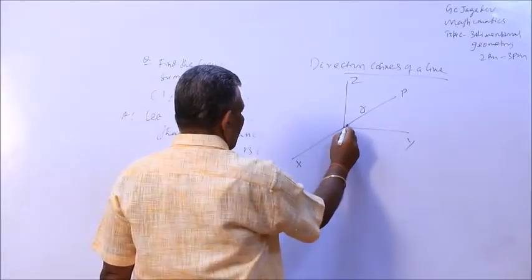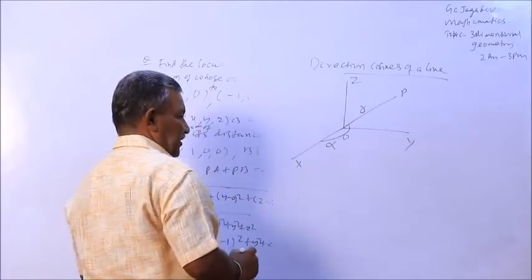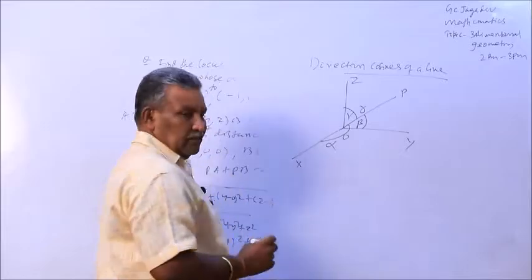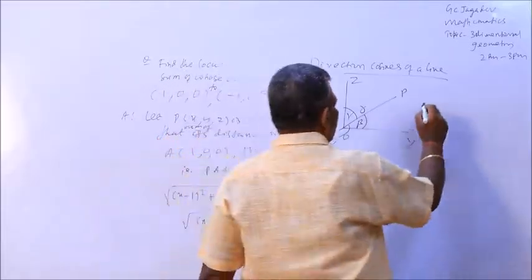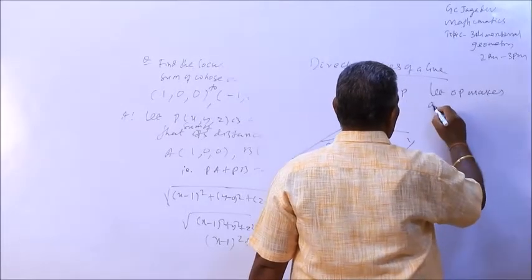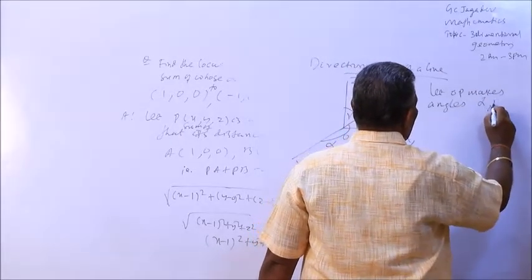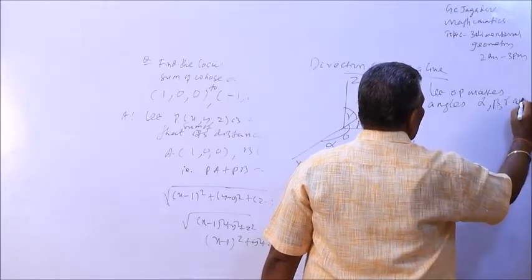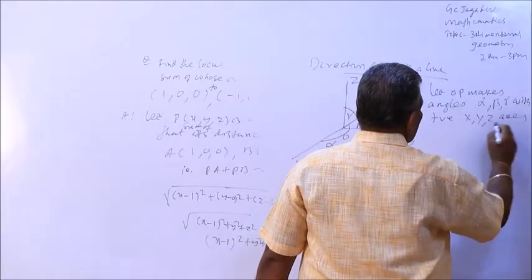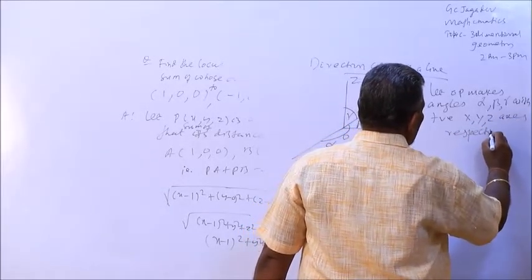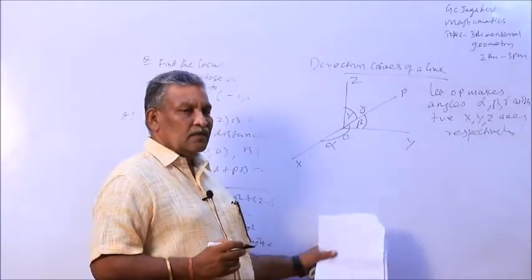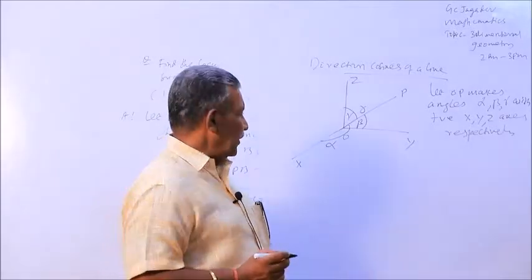Suppose OP makes an angle alpha with positive x axis, beta with positive y axis, gamma with positive z axis. Let OP make angles alpha, beta and gamma with positive x, y, z axis respectively. Then the cosines of these angles will be cos alpha, cos beta, cos gamma.